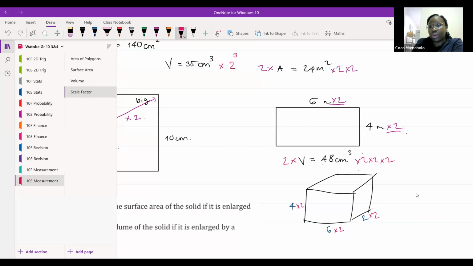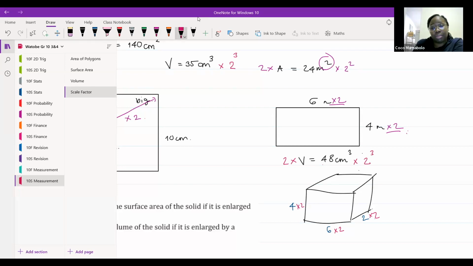Okay, so instead of writing 2 times 2, I'm just going to rewrite this as times 2 squared, and I know I have to do this because my units are squared. Same with down here. Instead of writing times 2 times 2 times 2, I'm going to write times 2 cubed.